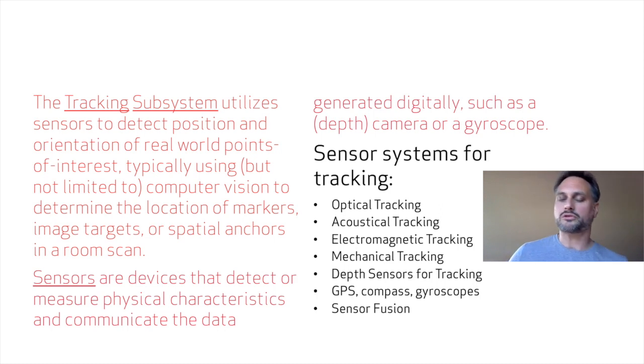GPS, of course, the classic amongst the augmented reality Wikitude-like applications, compass, gyroscopes, and one way or the other, typically these different tracking systems rely on sensor fusion anyways, combining different sensor subsystems to increase the stability and accuracy of the tracking.